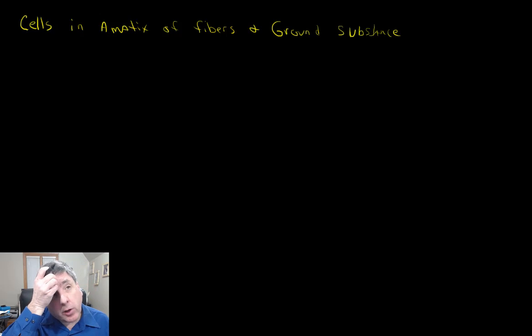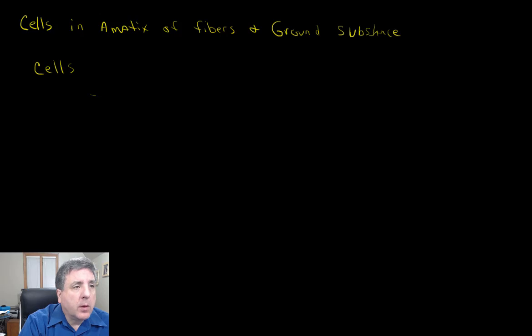Let's look at those three different components separately. We have cells, we have fibers, and then we have the ground substance. That's an N. So this is ground substance, fibers, and cells.